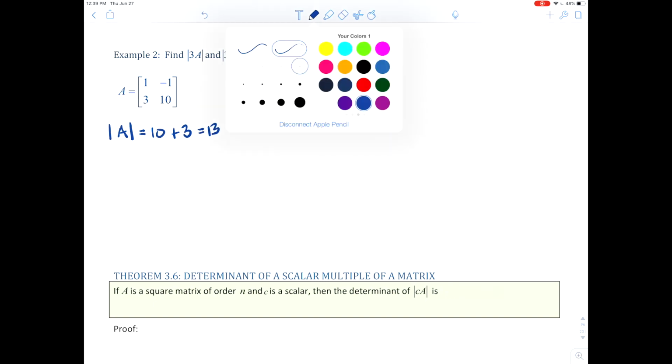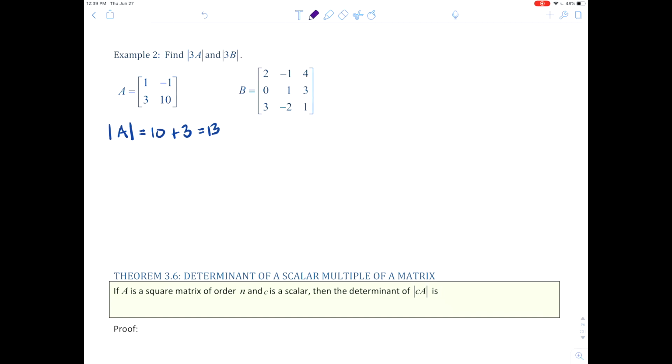And the determinant of 3A is going to equal the determinant of 3, -3, 9, and 30, which in turn is going to be what? 90 plus 27, which is 117.